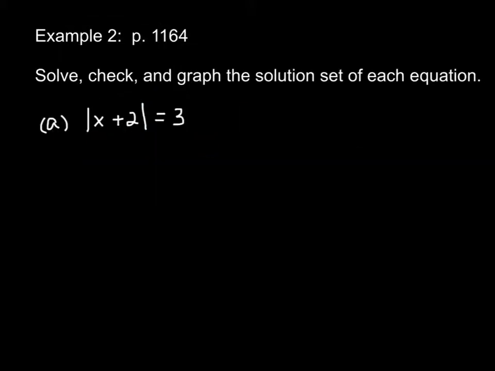Example 2 on page 1164 says solve, check, and graph the solution set of each equation. So A is the absolute value of x plus 2 equals 3. So it's an equation, so we're using case 1, which means that I'm just going to set it to x plus 2 equals negative 3 and x plus 2 equals 3.